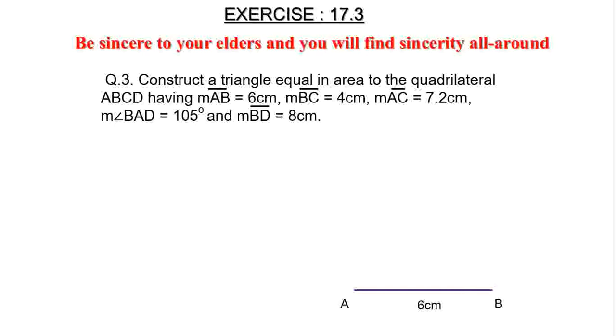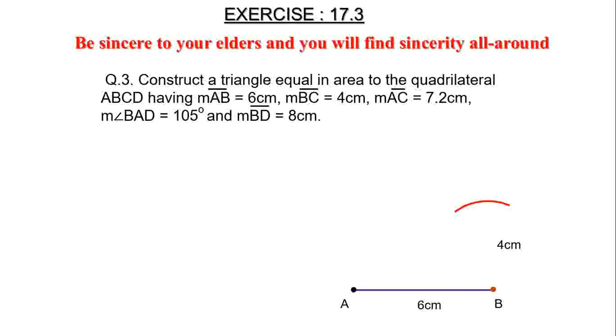At point B, we are required to place the compass at point B and open it equal to the radius of 4 cm to draw an arc in this way. This is 4 cm of length. At point B, draw an arc of radius 4 cm.